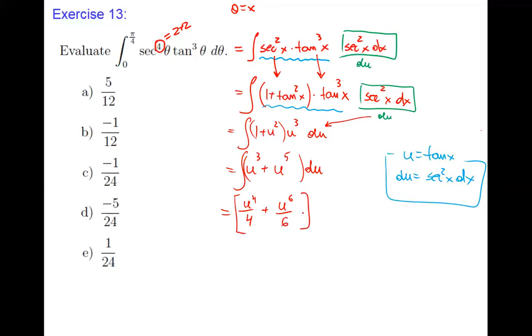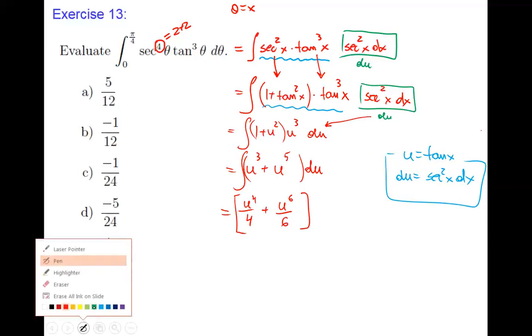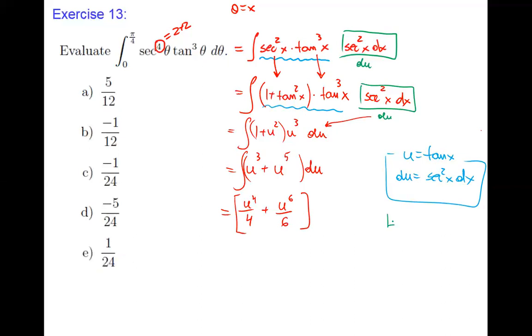And actually we need new limits of integration. If x is 0, then u is tangent at 0, because u was tangent.